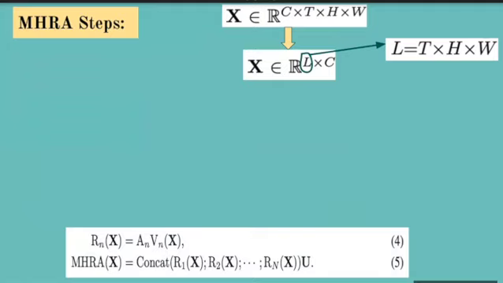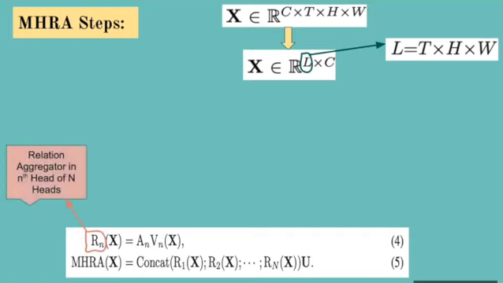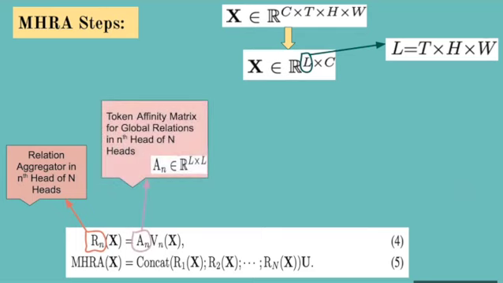What happens in MHRA? The first is to the input X, we apply a linear transformation, Vn, and I'll explain sequentially what they mean. So Rn here is a relation aggregator, and the small n refers to the nth head. There are capital N heads, and small n is just one head of the capital N heads. Here, An is the affinity matrix, which takes care of the global relations in one head.